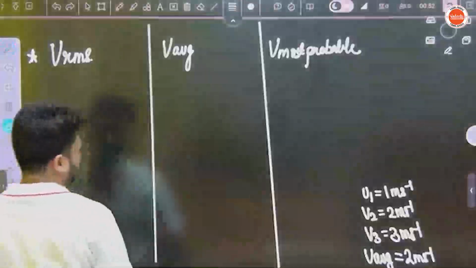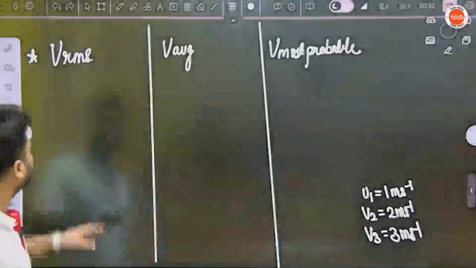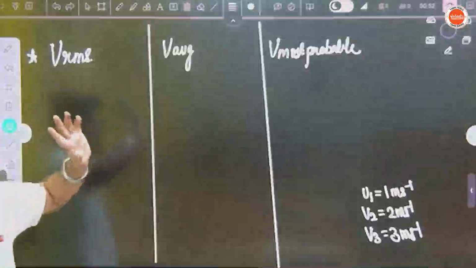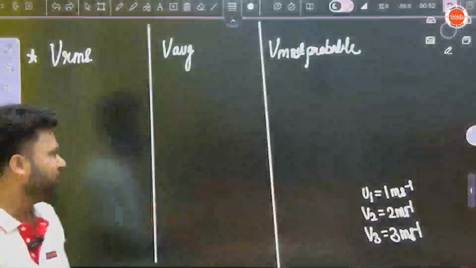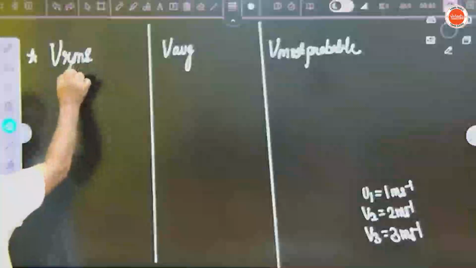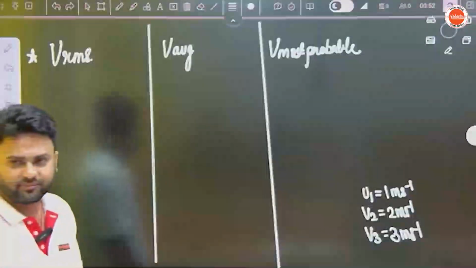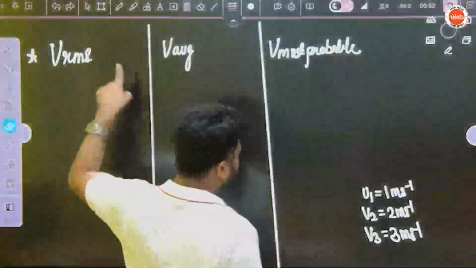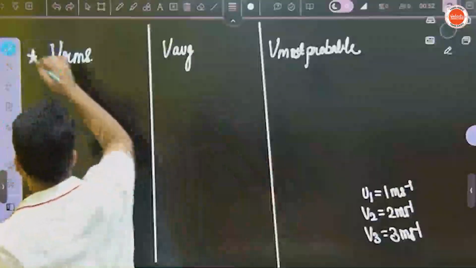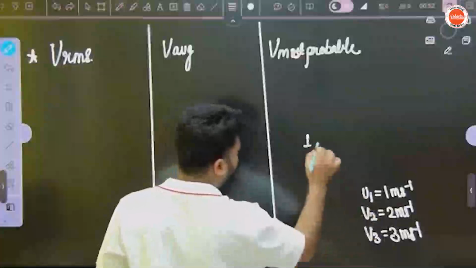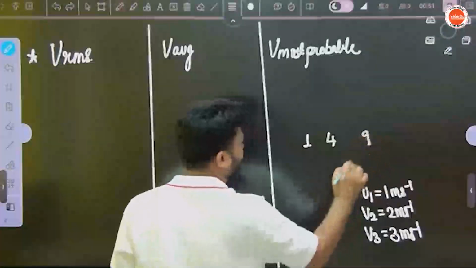Next is RMS speed. RMS speed, root mean square. It is written as root mean square, but we do just the opposite. First we do square, then we find the mean, then we do the root. See how to do it. First we will do the square. So 1 square will be 1, 2 square will be 4, 3 square will be 9.